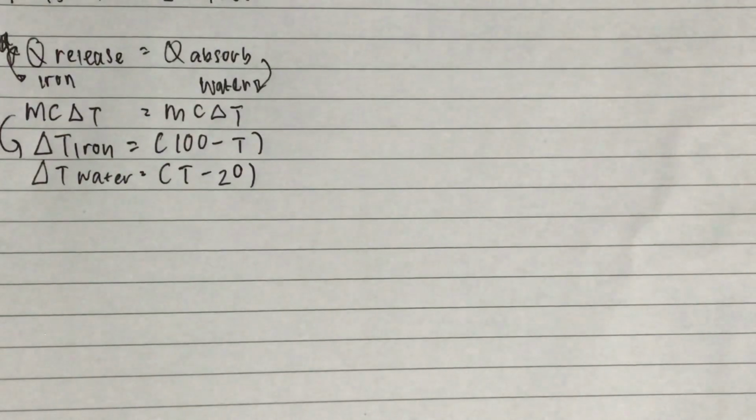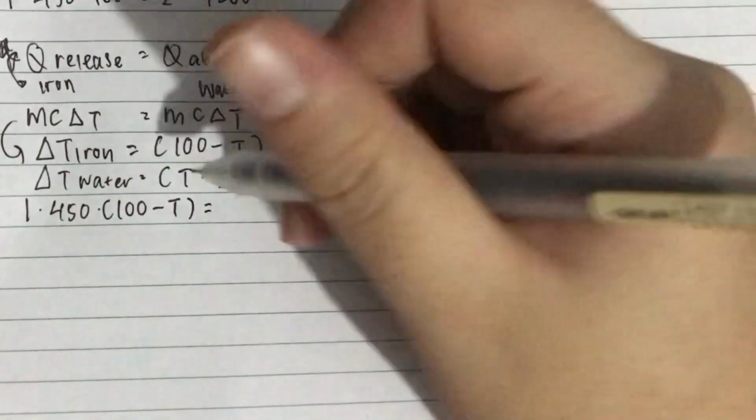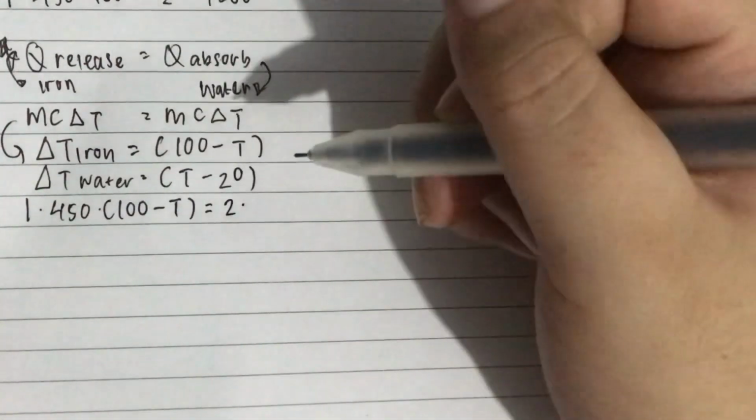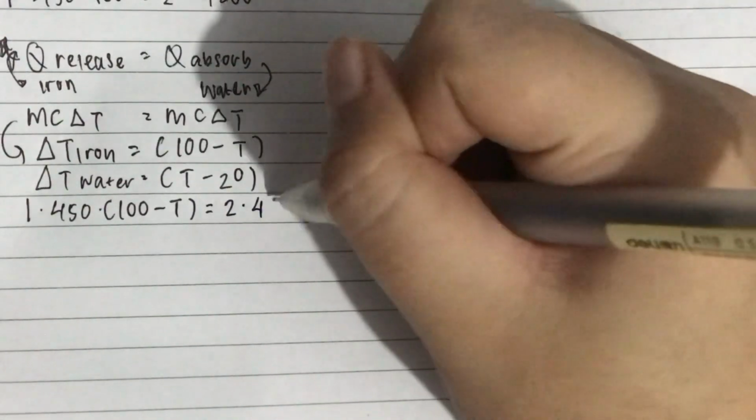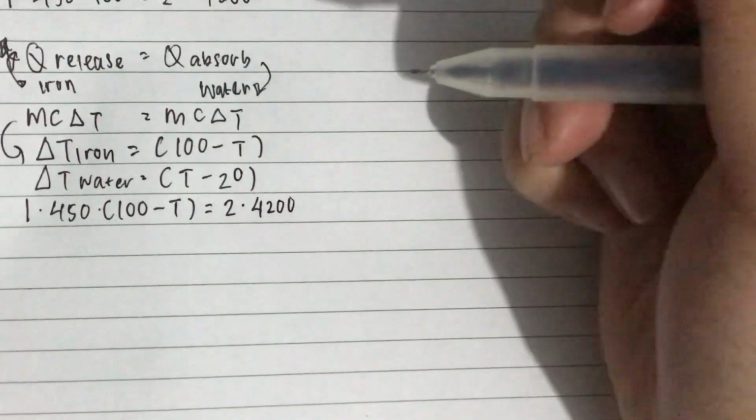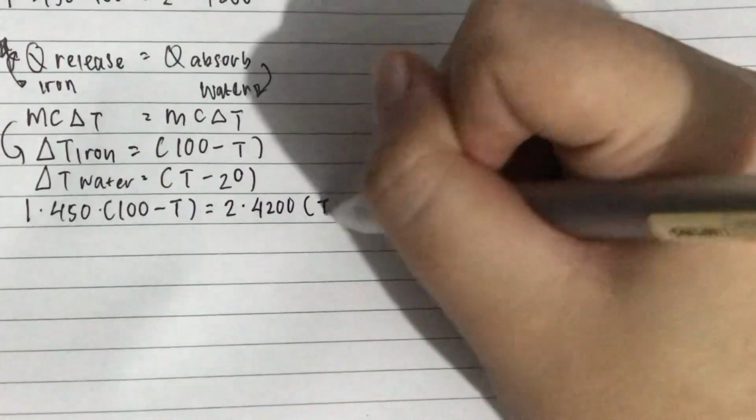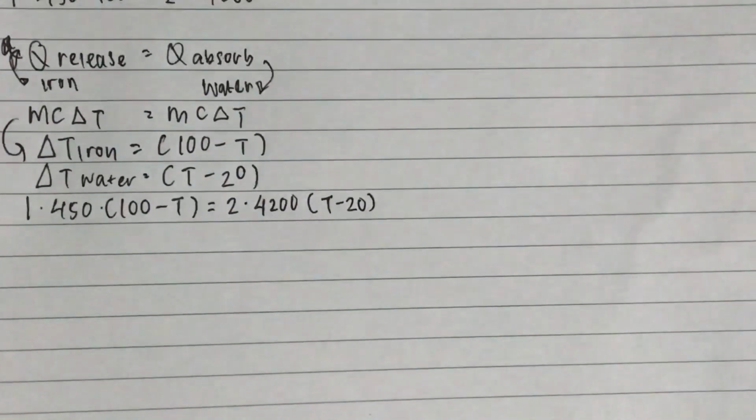And now let's continue. We can just replace the formula with the numbers that we have written in the known section. So for the mass of iron, it's 1 kilogram multiplied by 450 and delta T, which is 100 degrees Celsius minus T, equals to 2 kilograms multiplied by 4,200 for the specific heat, and T minus 20 degrees Celsius.